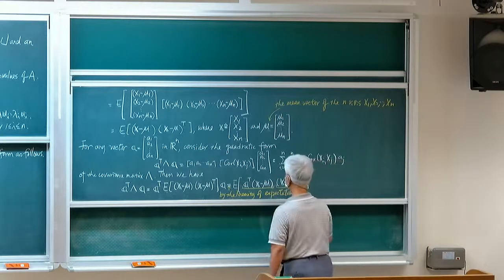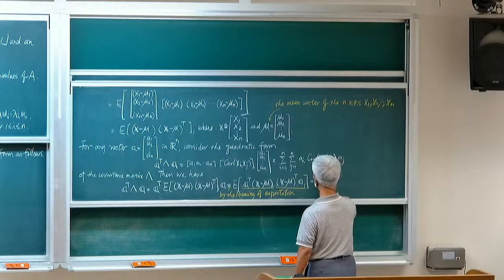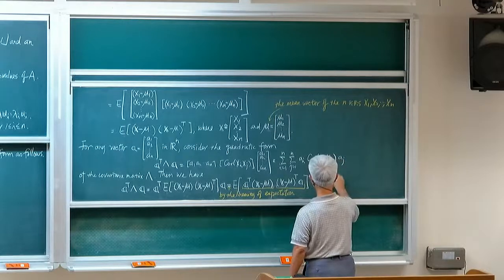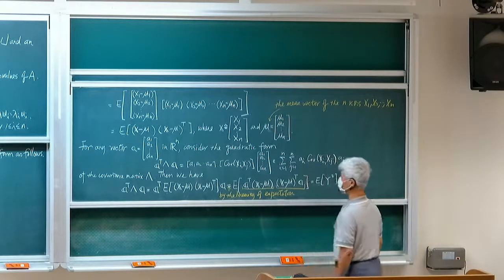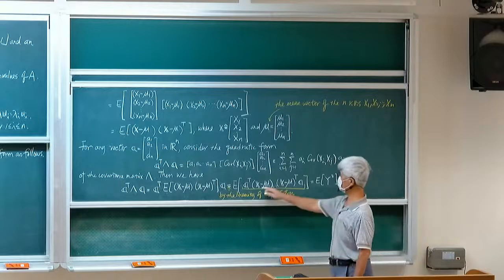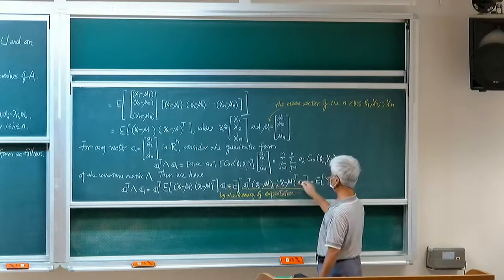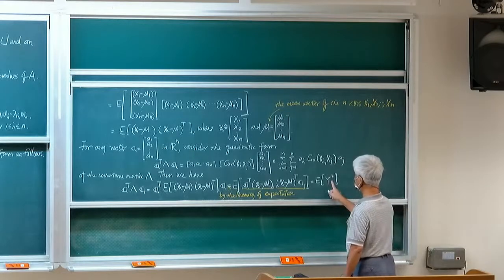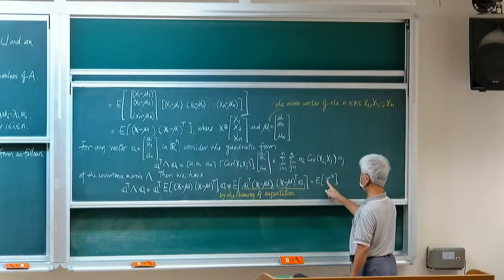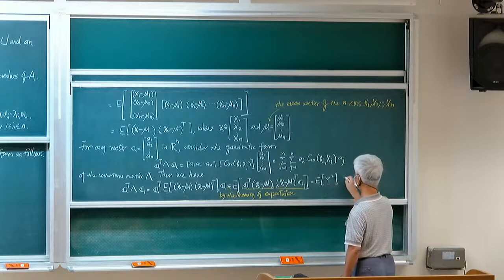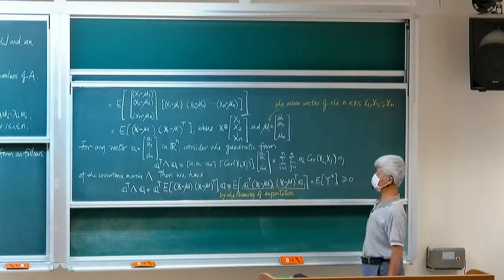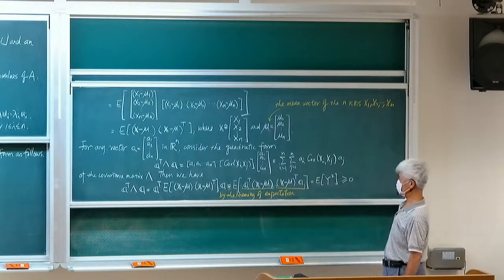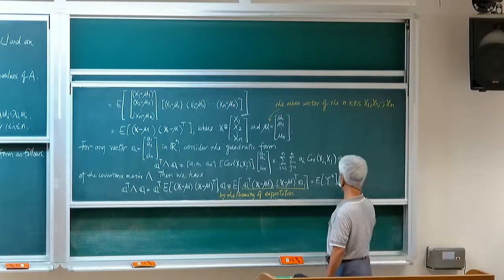We write this random variable as y, so this is y squared, the second moment of the random variable y. So of course, it will be greater than or equal to 0.